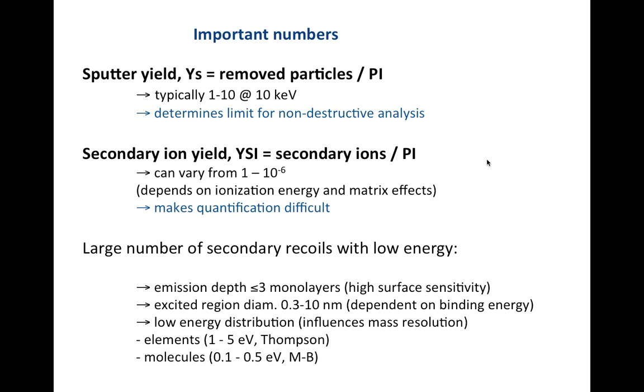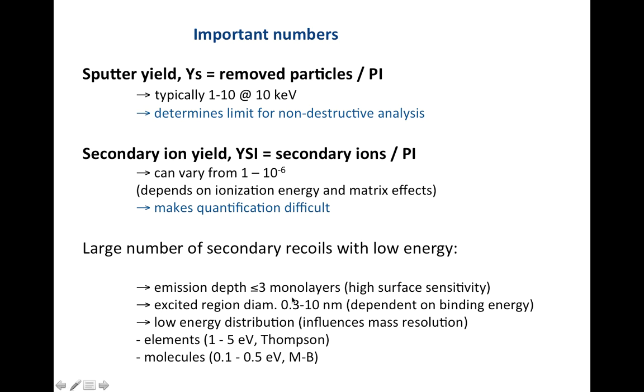These are important because the sputter yield is the removed particles divided by the primary ions, and it determines the limit for non-destructive analysis. And then the secondary ion yield depends on the ionization energy and the matrix effects, and of course makes quantification possible, but it's also difficult.